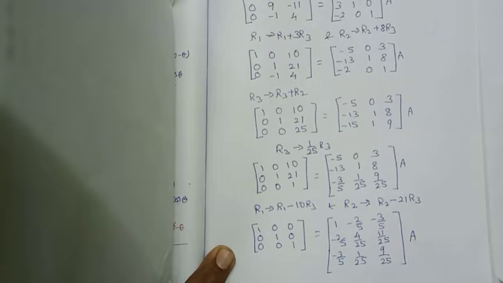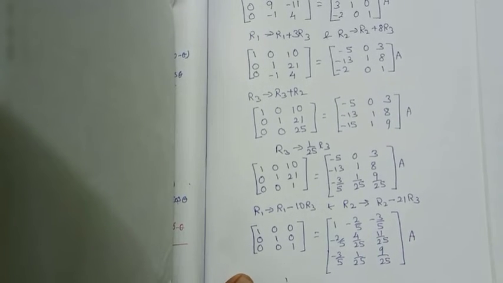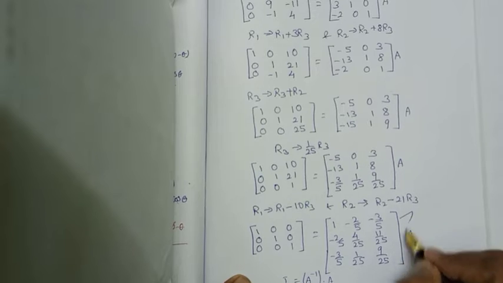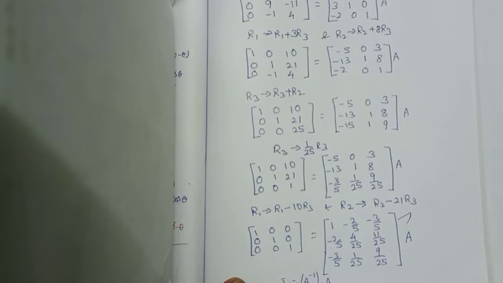So this is into A. This is of the form I equal to some matrix, that is the inverse of the matrix, into A. So this is the inverse of the matrix.